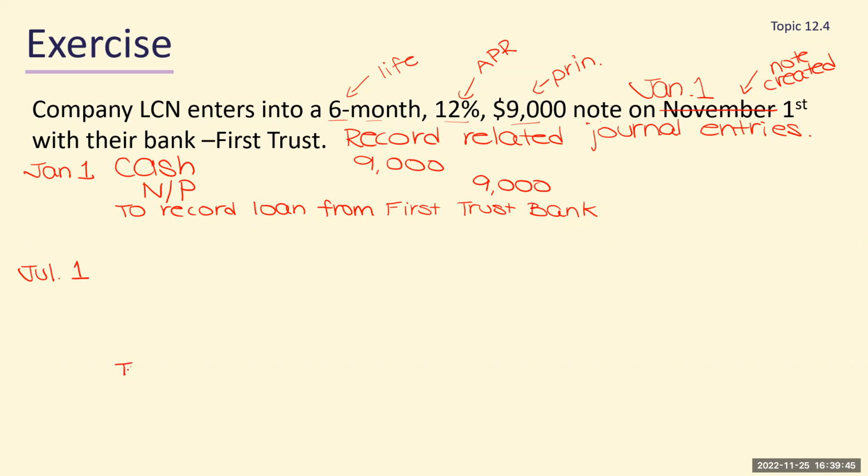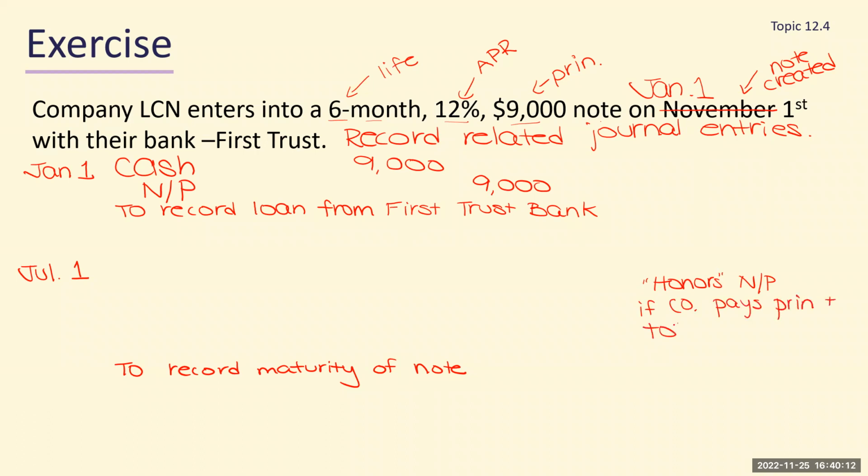To record maturity of the note, we're going to assume that we honor the note. A client honors the note payable if the company pays principal plus total interest at the note's maturity date.